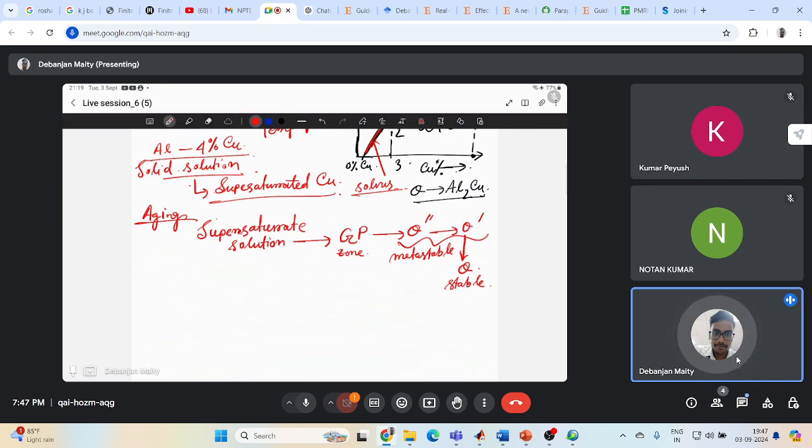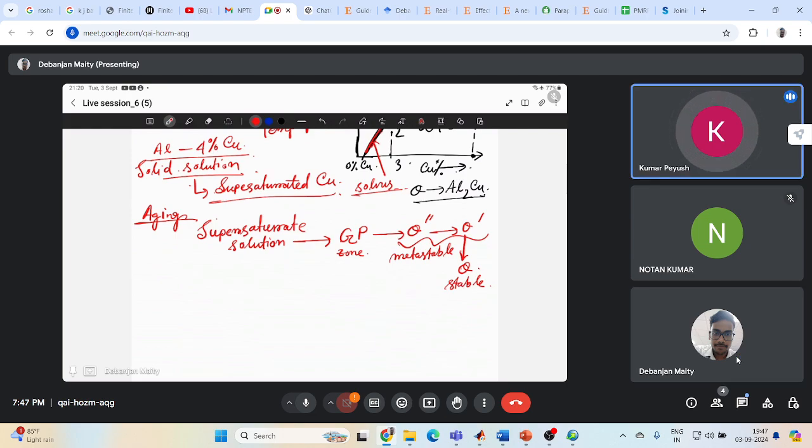Can you tell me which atom is having smaller size, copper atom or aluminium atom? The atomic diameter of copper is much less than aluminium. Yes, sir.